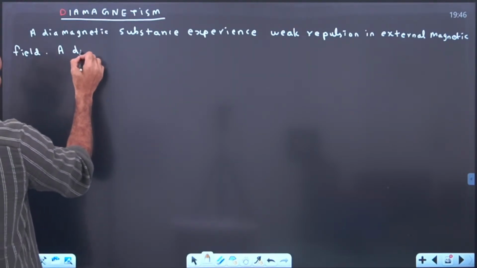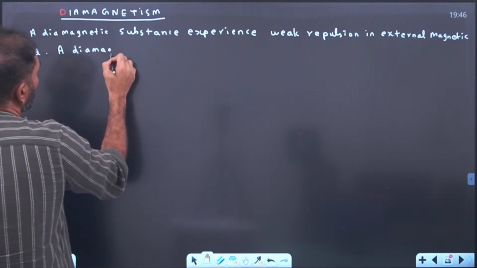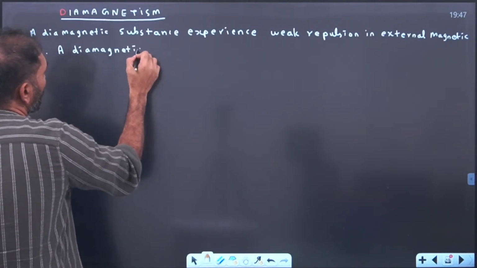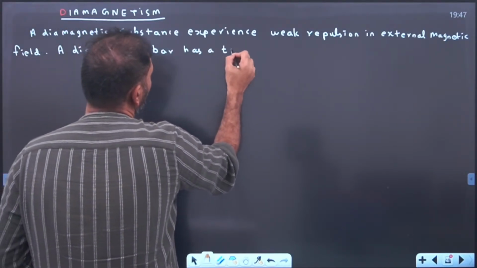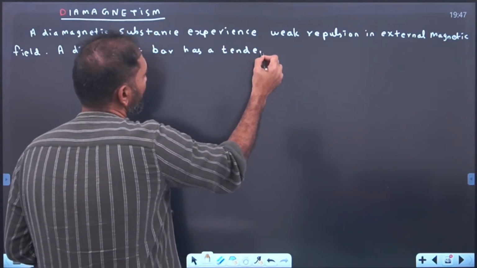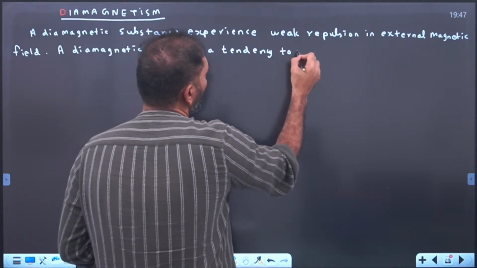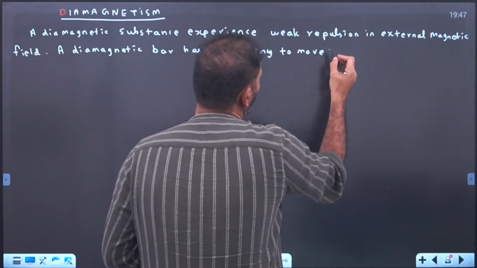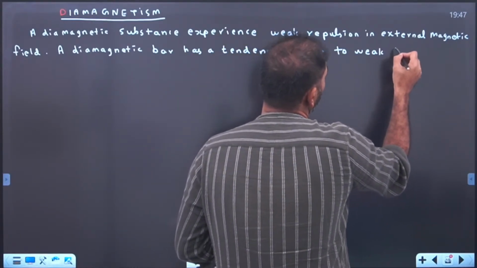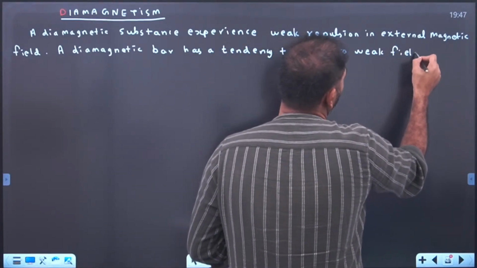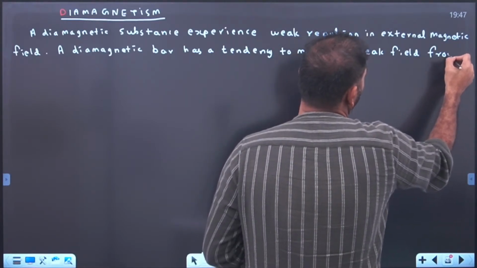A diamagnetic bar has a tendency to move from strong field to weak field.